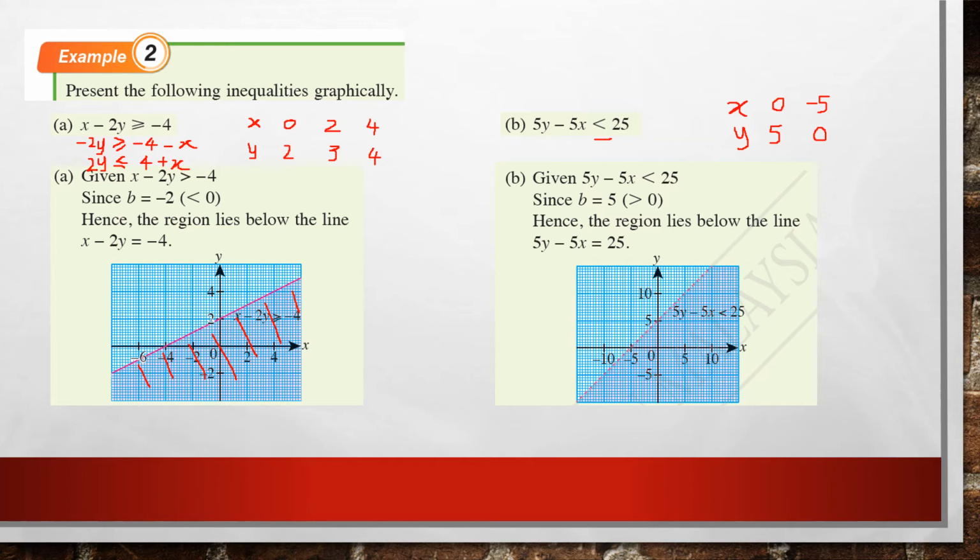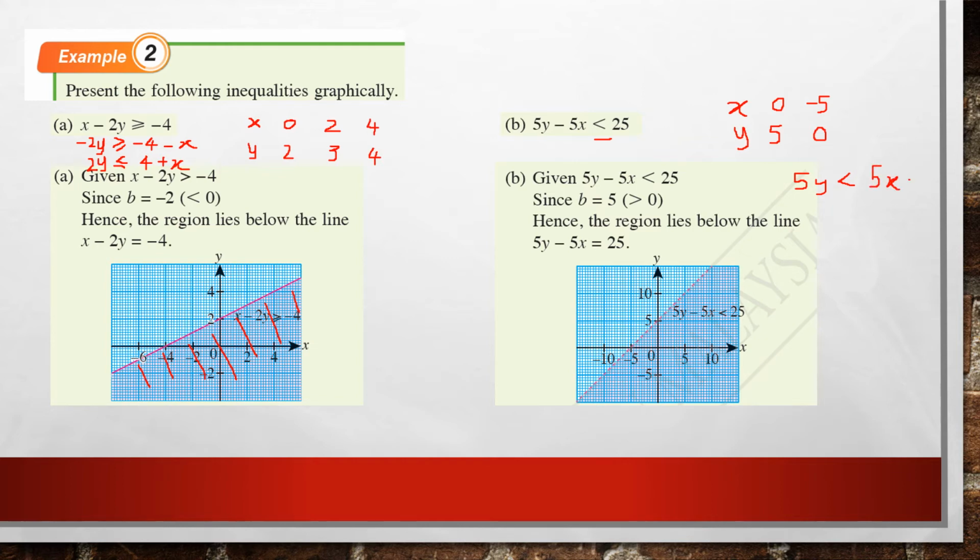With the same method, you can make y the subject. So 5y will be less than 5x plus 25.